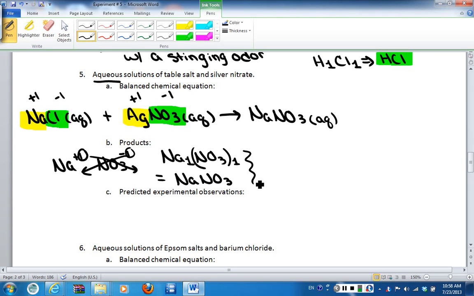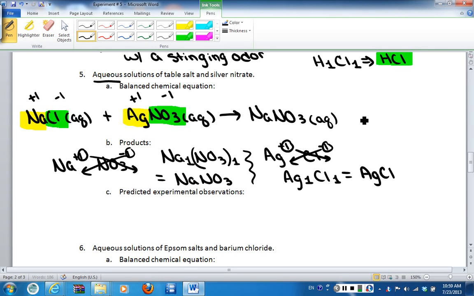So we have our cation number 2, silver, and it is going to be compared with our anion number 1. So we have silver +1, we have chlorine -1. We know that when we cross these, we get Ag1Cl1, which becomes AgCl.